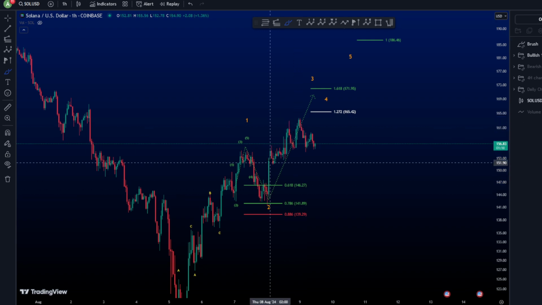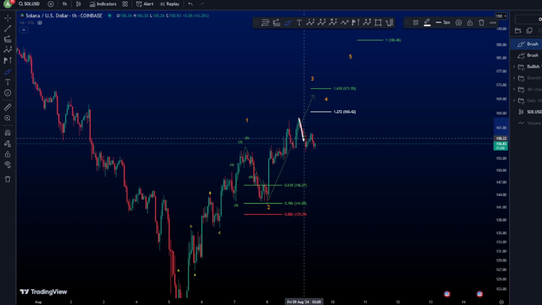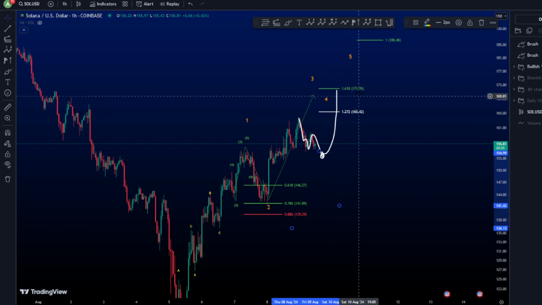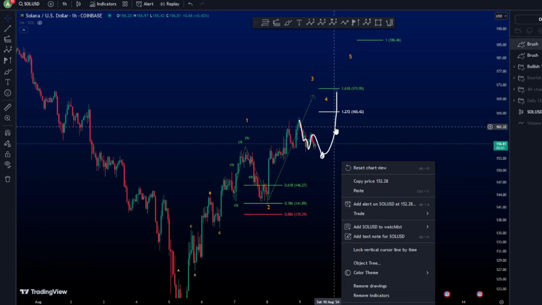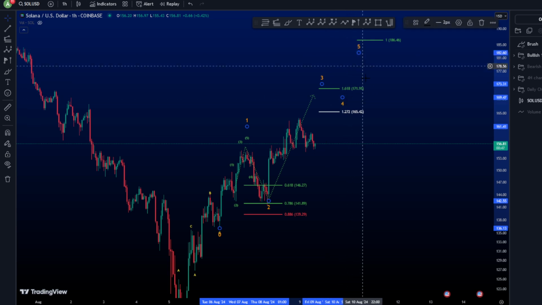However, now after having 5 waves up, we see almost 3 corrective waves. We might see a little bit lower, but we want to see continuation towards the upside, hitting at least the 1.618 fib level, finishing a wave 3, then a wave 4, and then a wave 5.